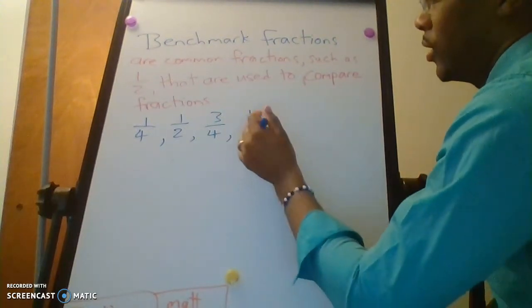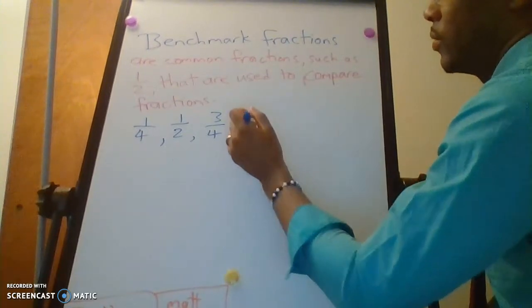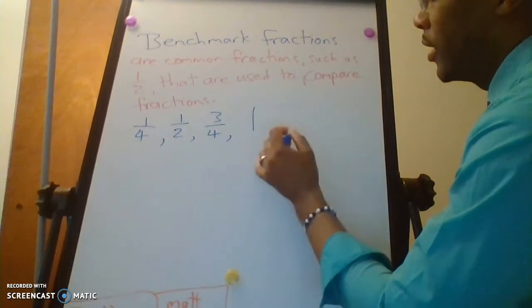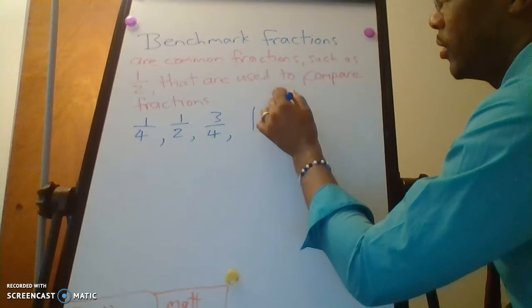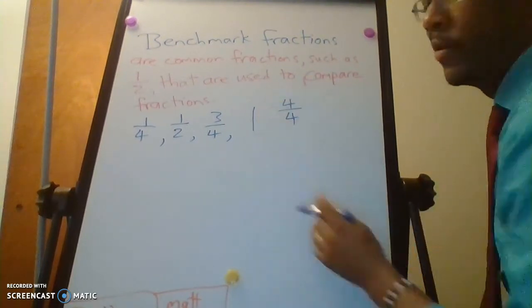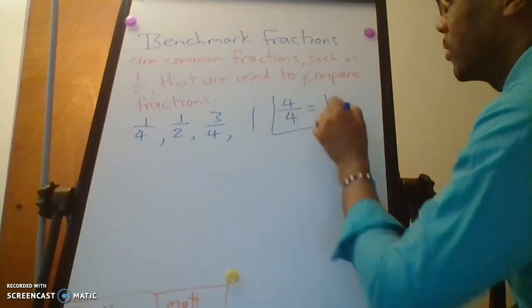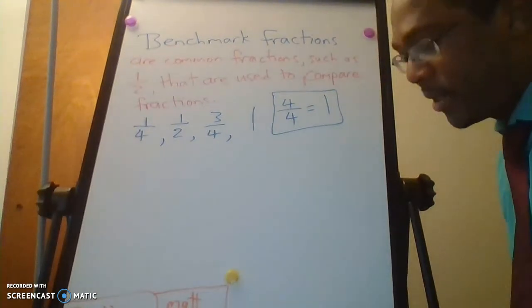And as we said, 1 is a special number because any number over itself is 1. So 4/4 is equal to 1. Okay, so that's a special thing about benchmarking. These are the numbers that we are doing.